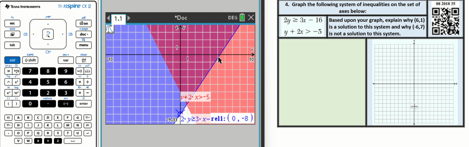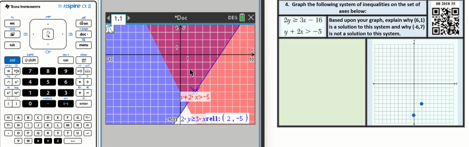I'm going to make it blue. And now we want to find some more points. So that's the y-intercept. And we will find whole numbers, 2, -5.